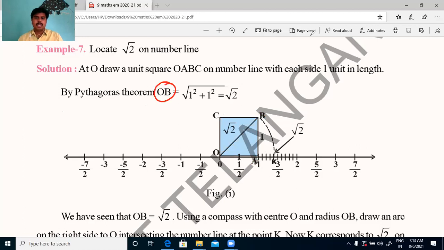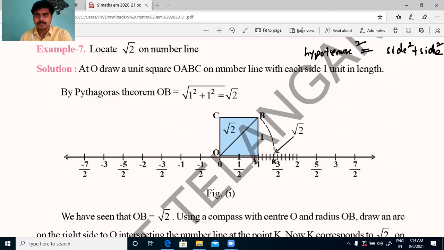So you know the Pythagoras theorem already. What is the Pythagoras theorem? Yes, Nana. Hypotenuse square is equal to side square plus side square. Okay, this is the Pythagoras theorem actually.